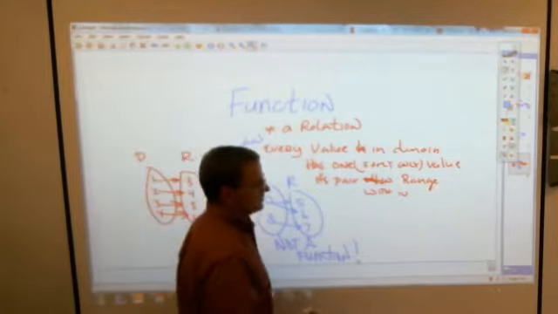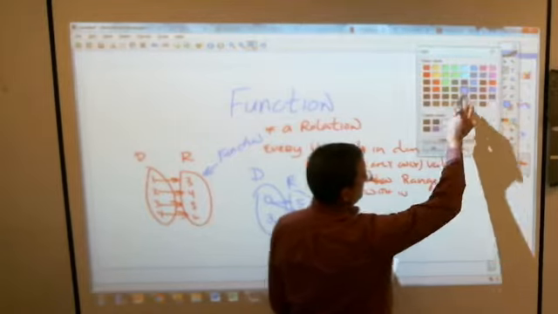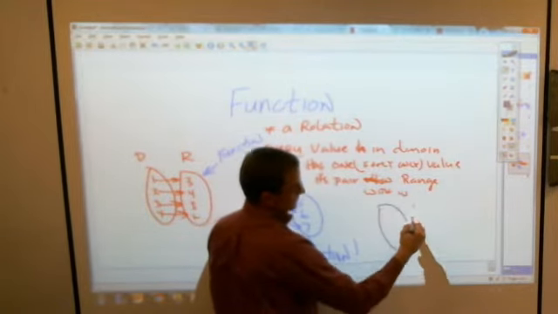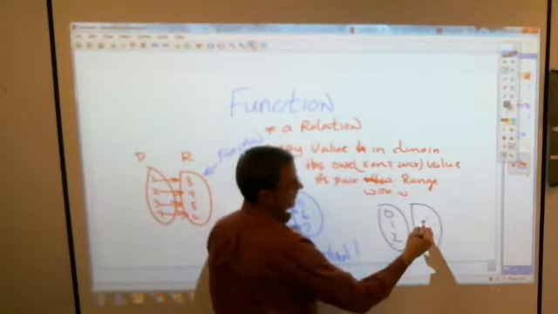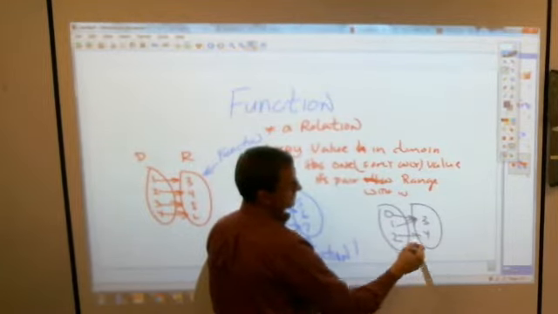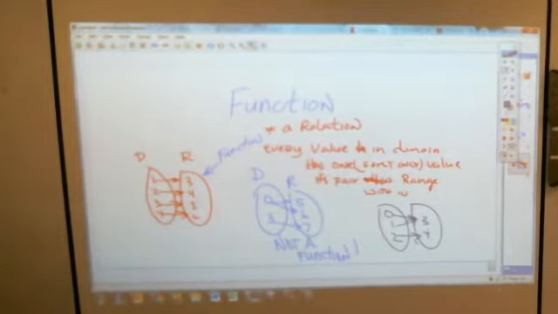Yeah. Now, take a look at this because this is where people get confused. Ready? You might want to clear your minds. 0, 1, 2, 3, 4. Function, yes or no? Yes.